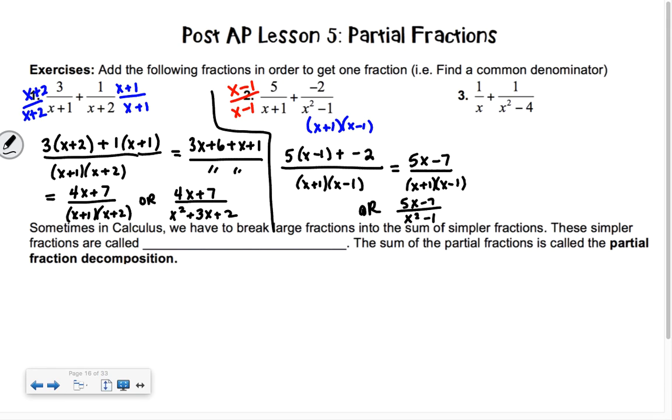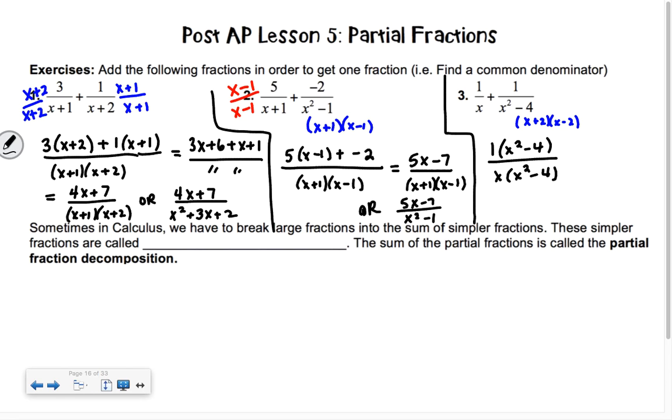On this next one, the x squared minus 4 does factor. It factors into x plus 2 and x minus 2. But that doesn't really help us in this case because the other denominator is just an x. So what we multiply the first one by is x squared minus 4 over x squared minus 4. It changes into x times x squared minus 4 on the bottom, and 1 times x squared minus 4 on the top.